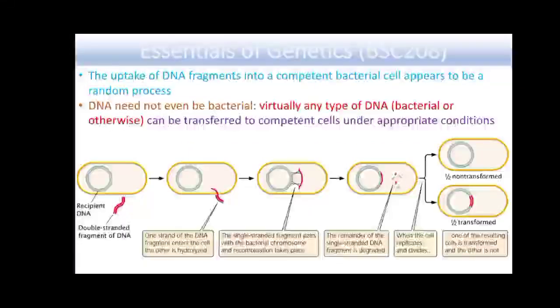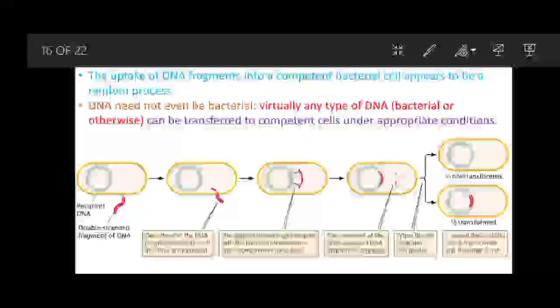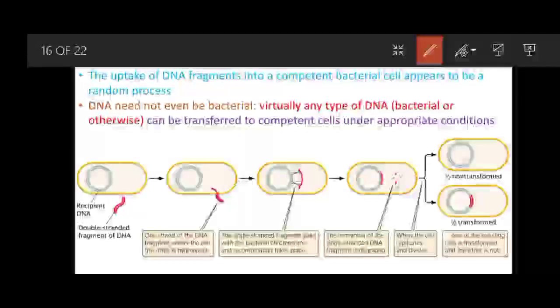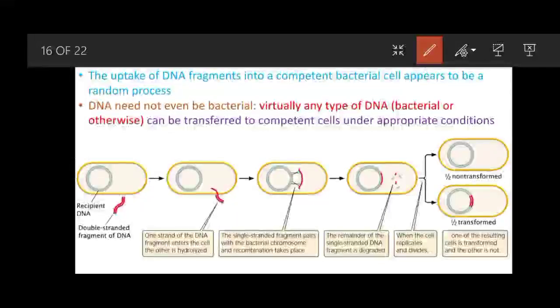The uptake of DNA fragments into a competent bacterial cell appears to be a random process, and DNA does not even need to be from the same species. Virtually any type of DNA, bacterial DNA or any other DNA molecule, can be transferred to competent cells under appropriate conditions.